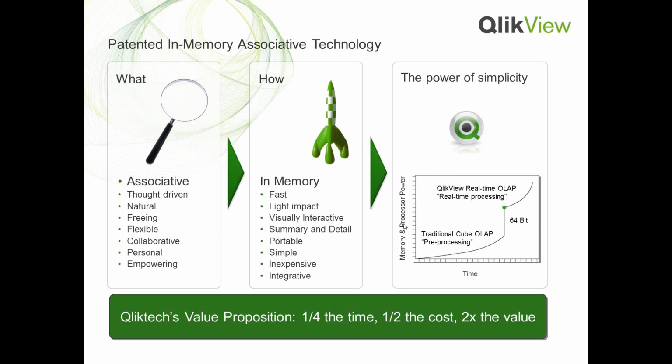Light impact still means that if you have good servers and good infrastructure, the response time is still very fast, even if the data is huge. Obviously it requires a lot of hardware resources, but in the end it makes the analysis very fast. Summary and detailed data can both be shown. It's visually very interactive, and a lot of different, very beautiful charts can be made.